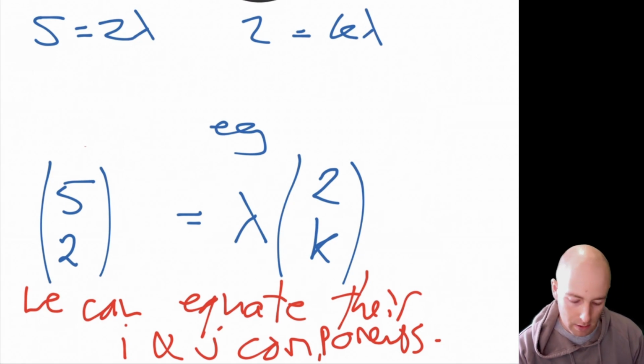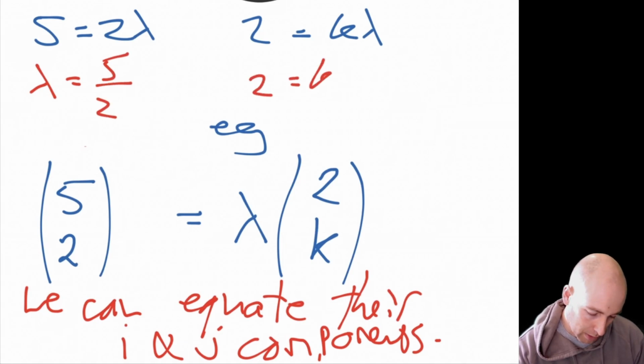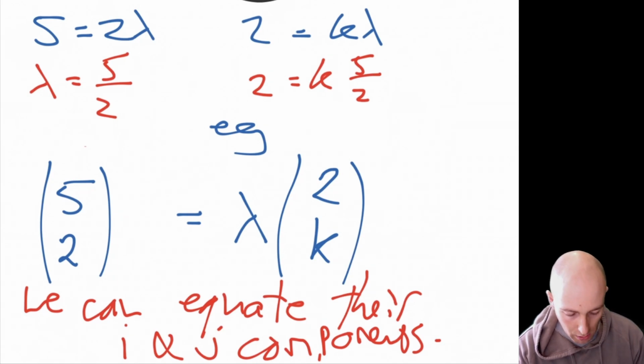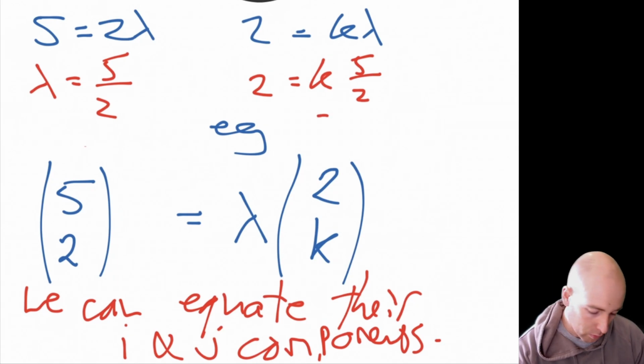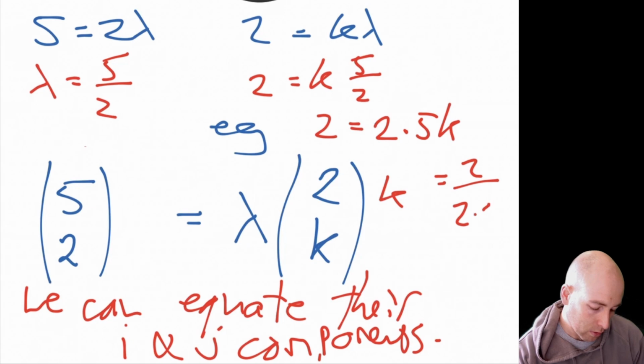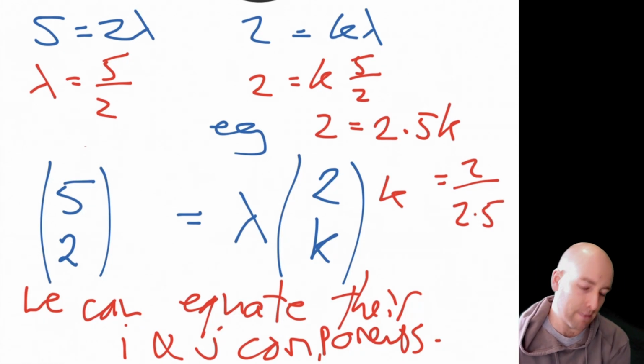So we can find lambda. So lambda would be 5 over 2. So then we could say 2 equals k times 5 over 2. So 2 is 2.5 k. So k is 2 over 2.5. So we can equate the coefficients separately if vectors are equal.